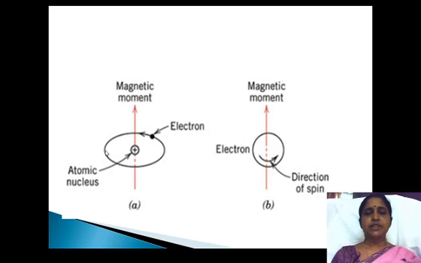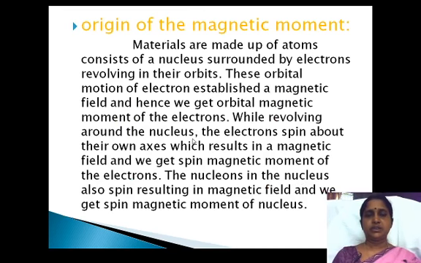When current flows in this direction, automatically a magnetic field develops perpendicular to the current, because the electric field and magnetic field are perpendicular to each other. That's why the magnetic field developed here. Hence we get the orbital magnetic moment of electrons.